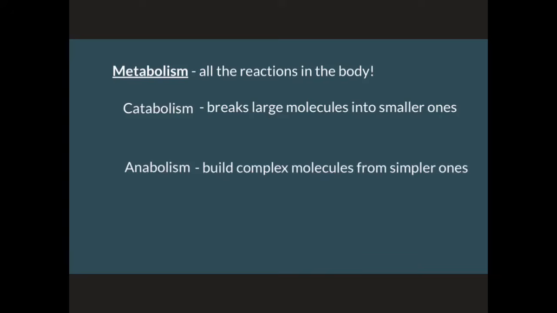Now, there are certain specific types of chemical reactions that we're going to talk about next that can fall into these categories. The best way to remember the difference between anabolism and catabolism for me is that I think of Anna builds. And when I think of Anna builds, it helps me to remember that anabolism is the building up, and then I can remember with that catabolism is the breaking down.